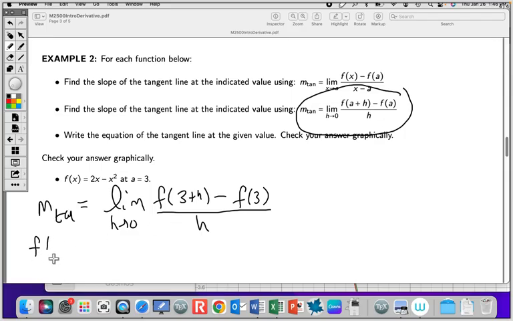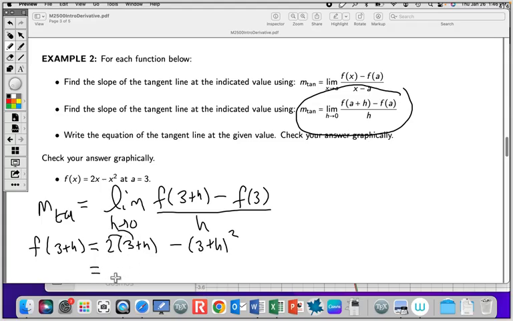And so here, the f of 3 plus h means everywhere we see an x, we're going to replace it with the quantity 3 plus h. So I'd have 2 times the quantity 3 plus h minus the quantity 3 plus h squared.